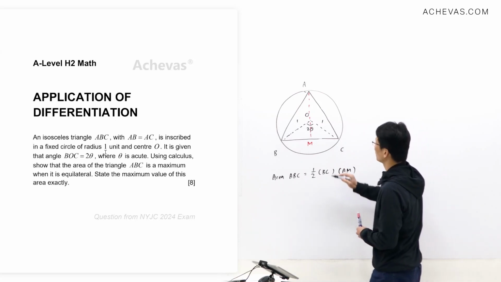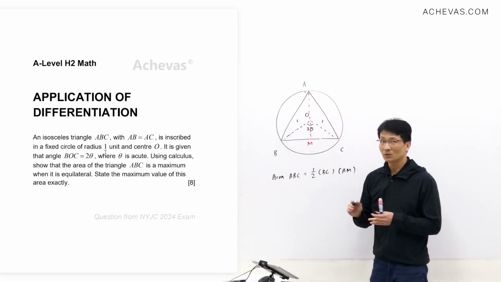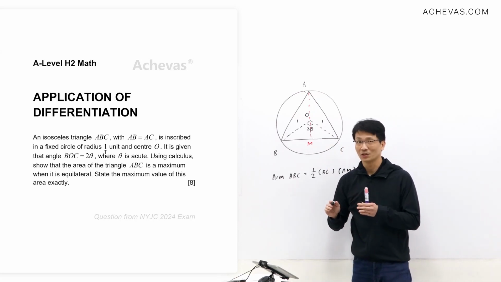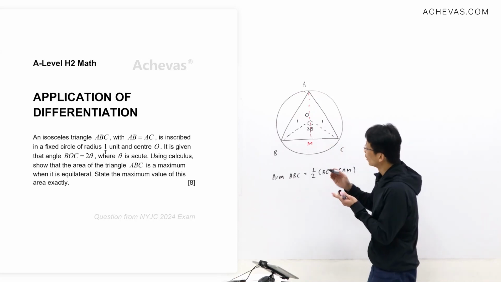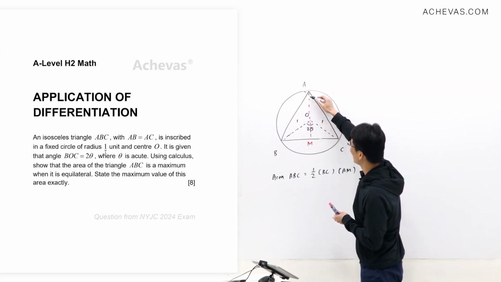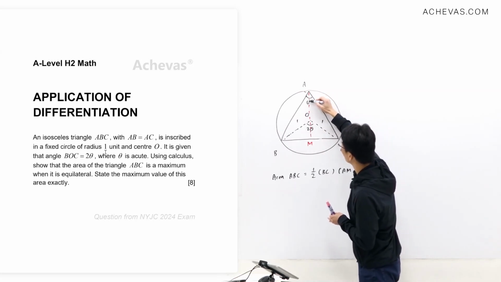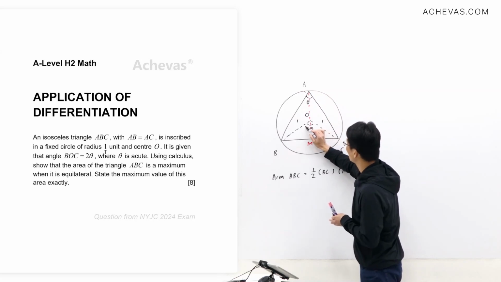Looking at this triangle here and this triangle here, we can make use of the secondary school knowledge on the properties of a circle, whereby the angle at the center is actually twice the angle at the circumference. So we know that this angle is theta, and this angle here is theta.